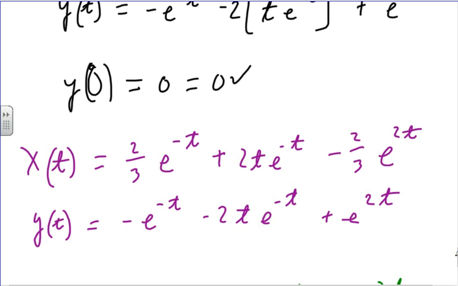For 1, this is number 14. No, it's not. 4-2, number 14. X prime. Are we doing number 14? We better not be. I think it's 12. We're doing 12? That's much better. So this is supposed to be 2/9 e to the 2t.